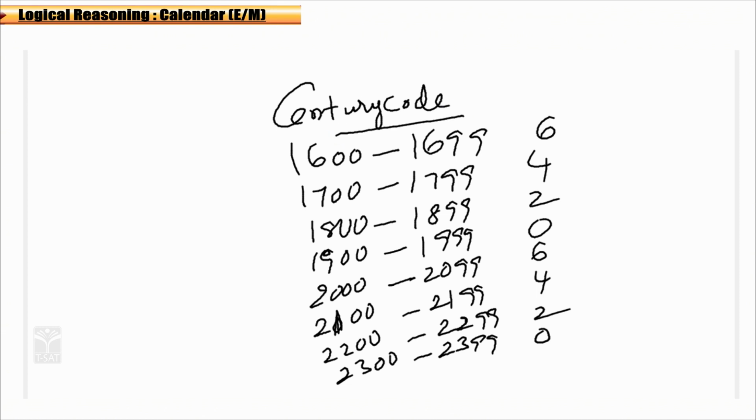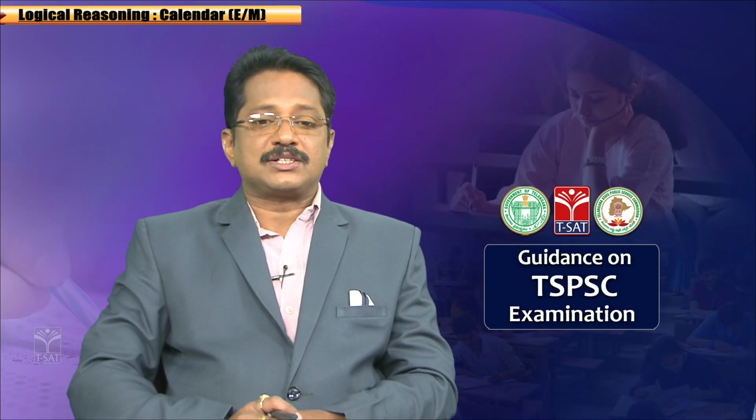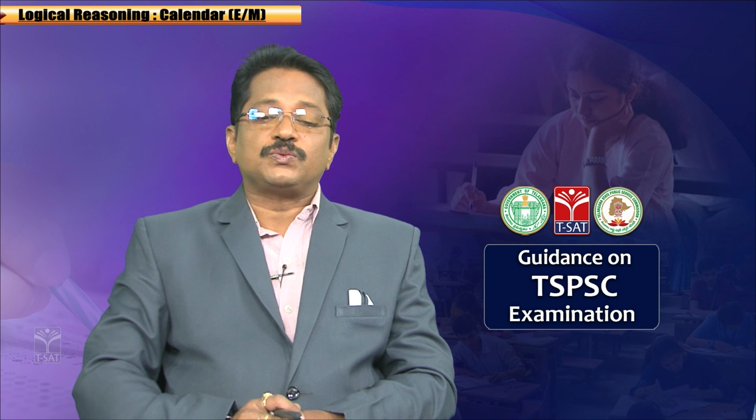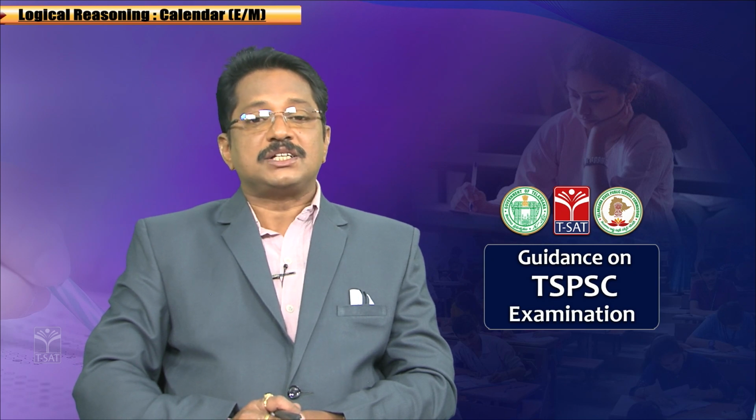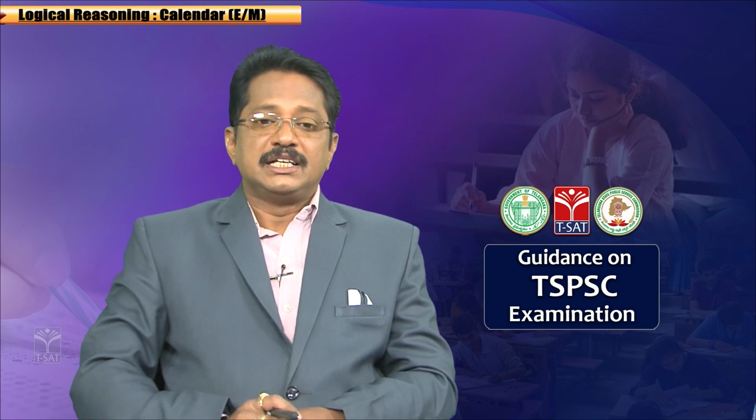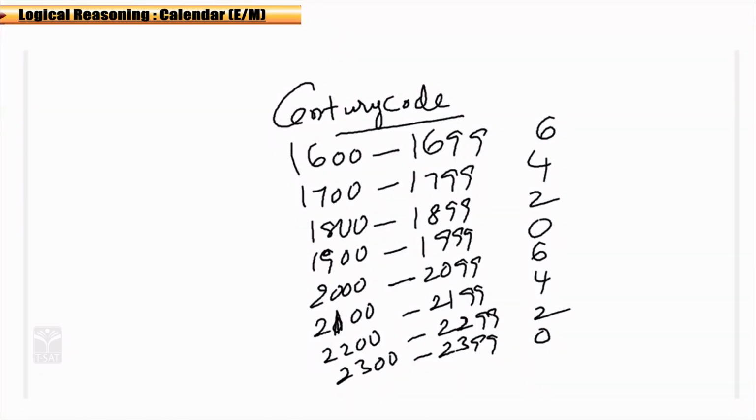There is an order if you follow it: 6420. 6420 means that for every 4 centuries the same code repeats. For example, if I ask for 2400 to 2499, what is its century code? You can say 6. And 2500 to 2599, what is its code? 4.